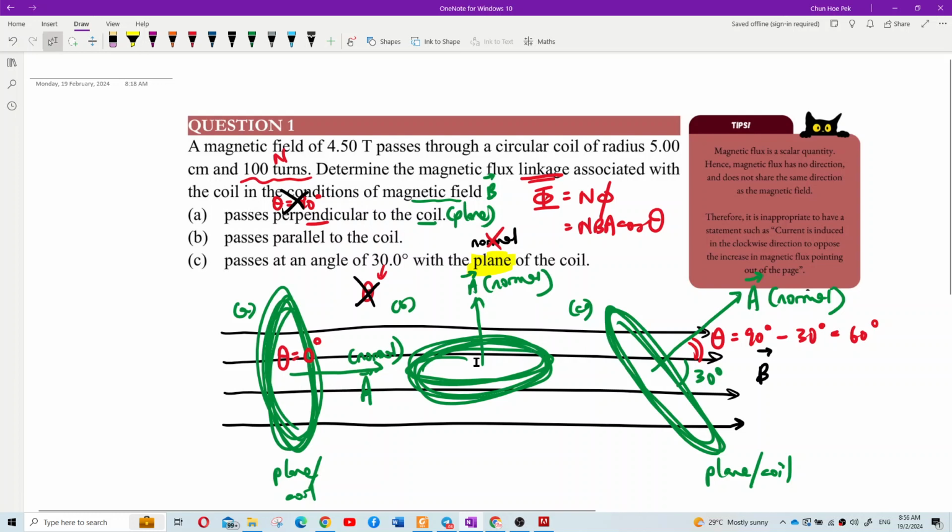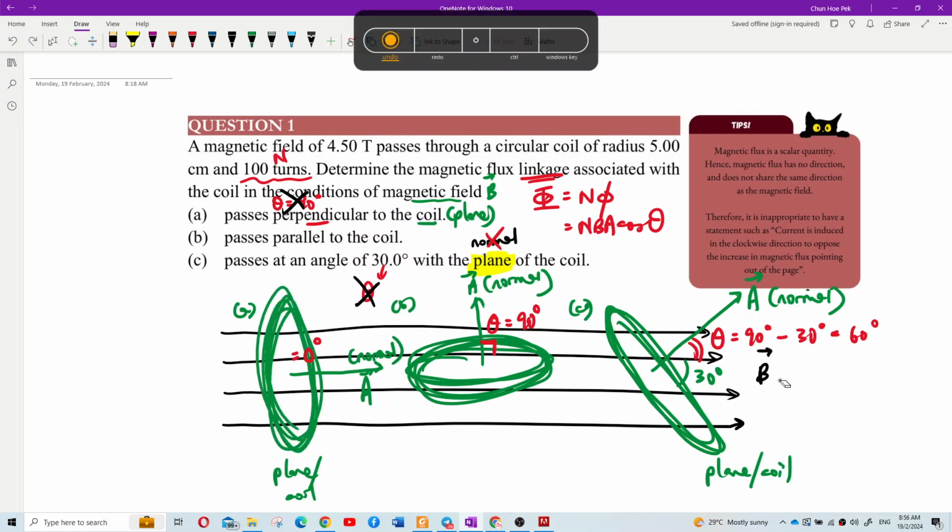Understand? The second one, you can see the normal is perpendicular to the magnetic field. So this theta is 90 degrees.